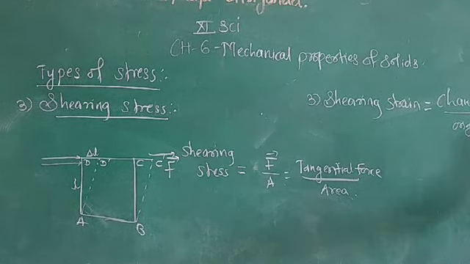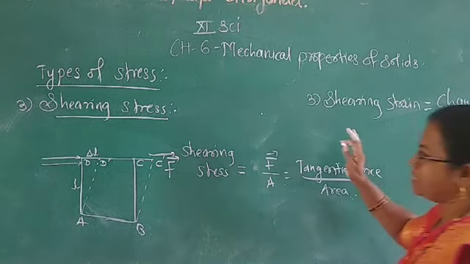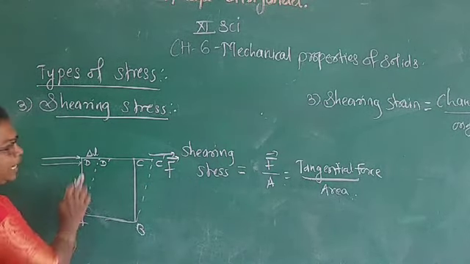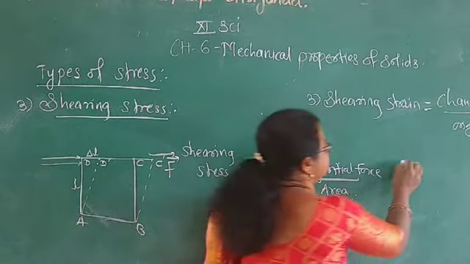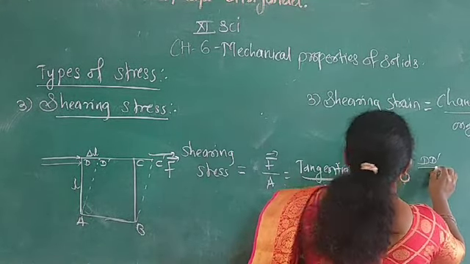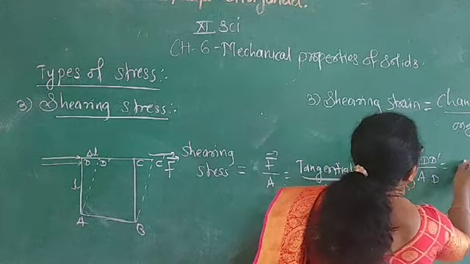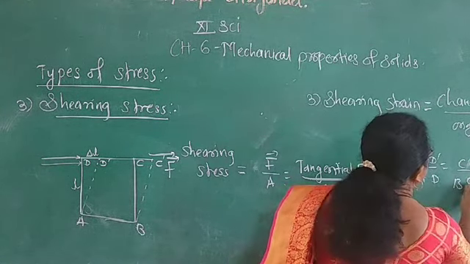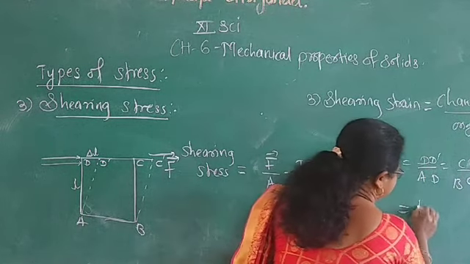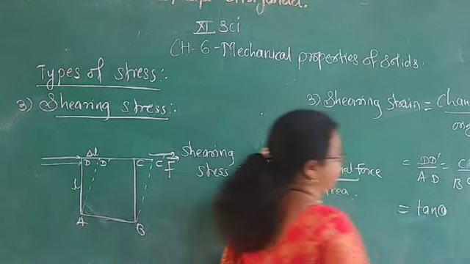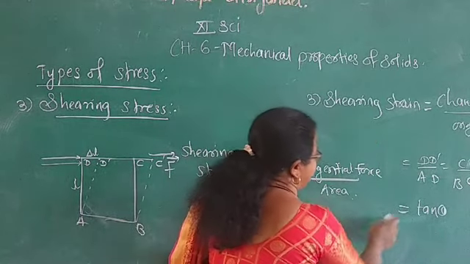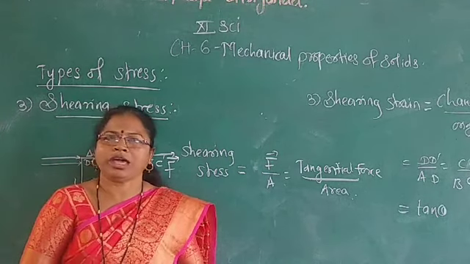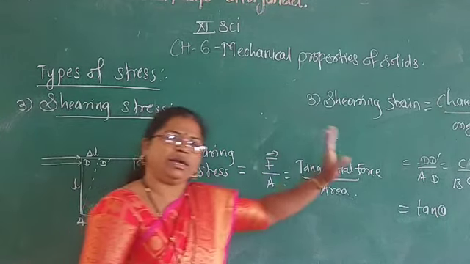That means for this layer we can write d dash divided by a d, which is equal to c dash divided by b c, and this is equal to tan of theta, and therefore shearing strain can be written as tan of theta. Okay, these are all the types of stress and strain.